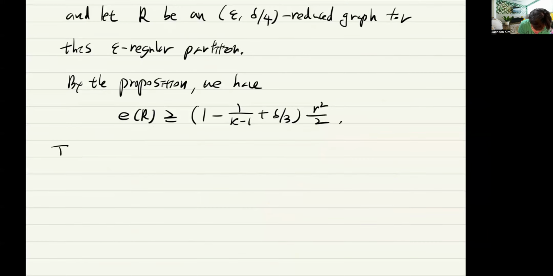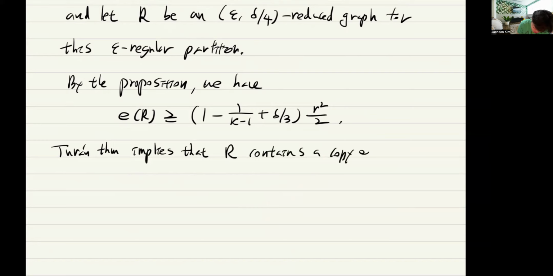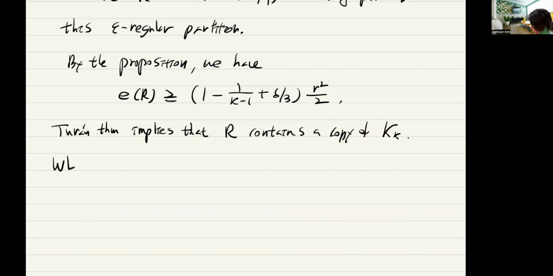Then what do you know? We already know Turán's theorem regarding cliques. This Turán theorem implies that this R contains a copy of the complete graph on k vertices. And without loss of generality, we re-index the vertex set of this partition.